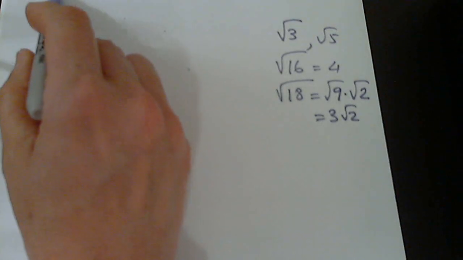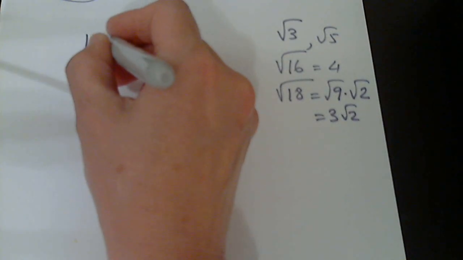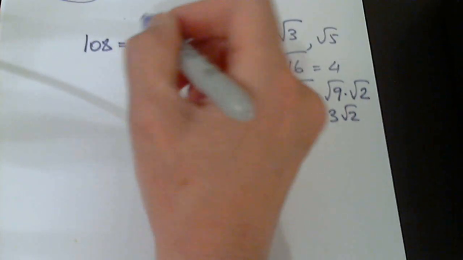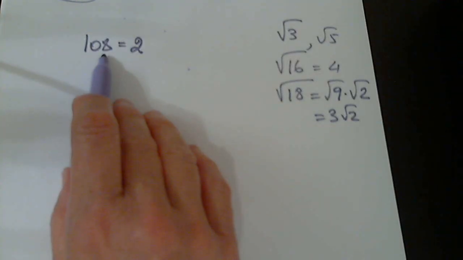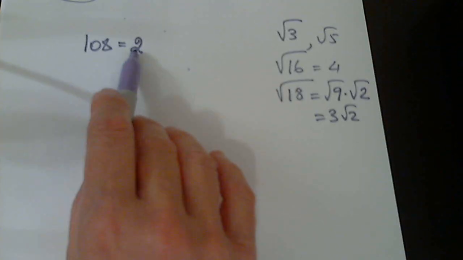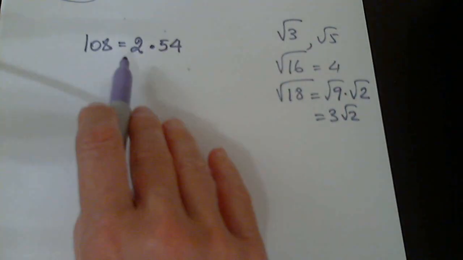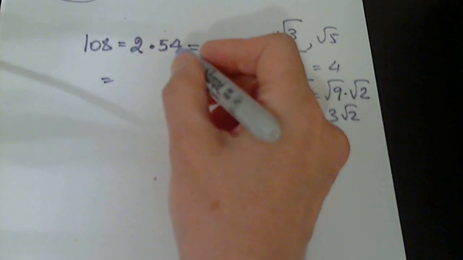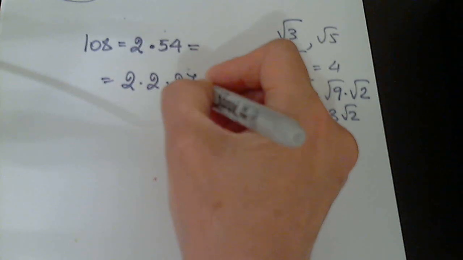I don't know what this 108 means, but I know this. 108 is, first of all, divisible by 2. Why? Because it's an even number. So 108 divided by 2 is 54. 54 is also divisible by 2, so I have 2 times 27.